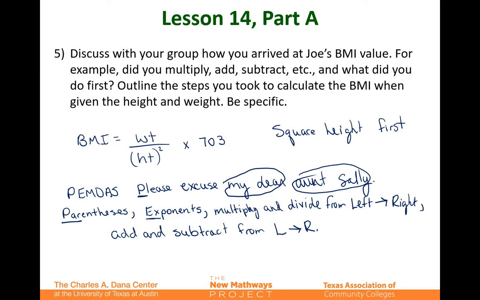In this case, when it's written like this, you would do the exponent, height squared, weight divided by height, times the 703. It would not change your answer if you first square the height, but you could do weight times 703, then divide it by the height squared. You would get the same answer.